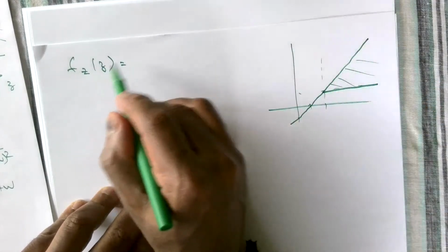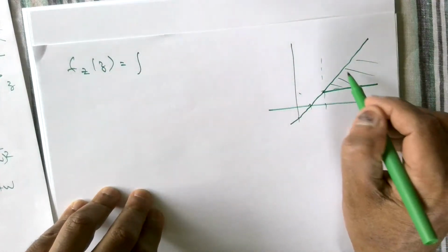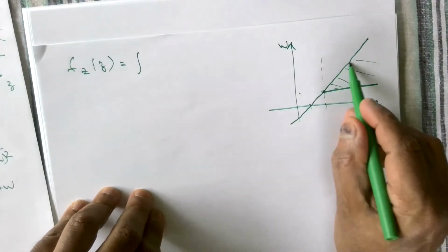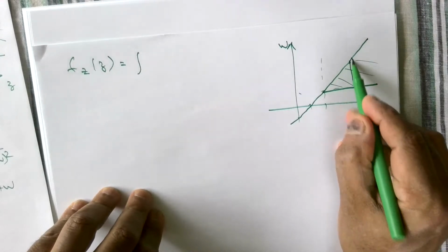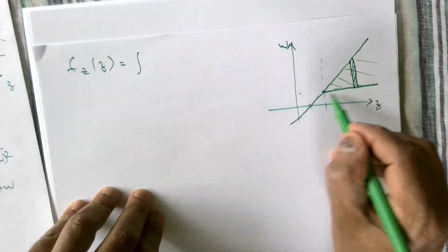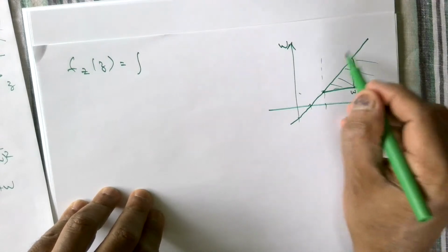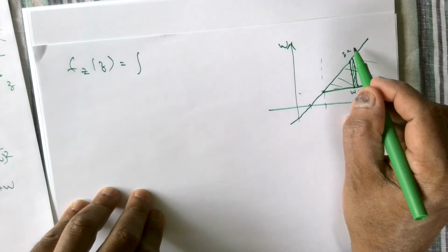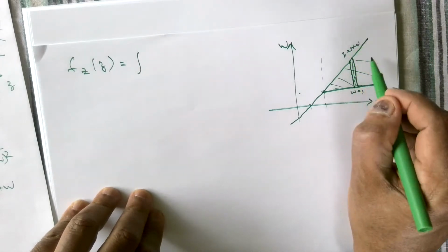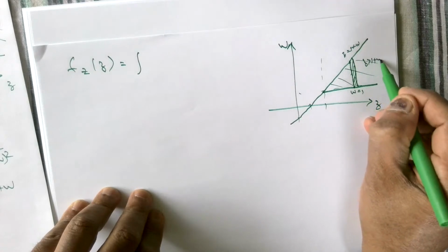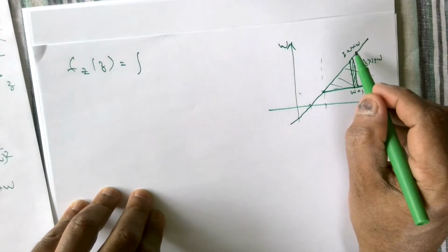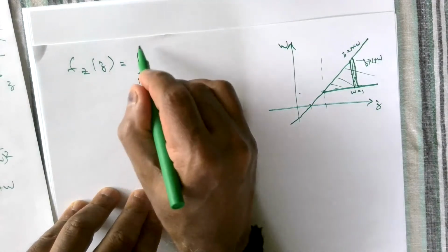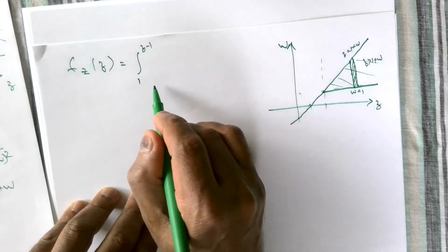So of course, for f_Z, we are going to integrate on W. So this is Z and this is W. So we'll take a strip like this, integrate here. So this is W equal to 1. This is Z equal to 1 plus W, so this is the region Z greater than 1 plus W. This is where we need to integrate. So W goes up to Z minus 1. So W goes from 1 to Z minus 1.